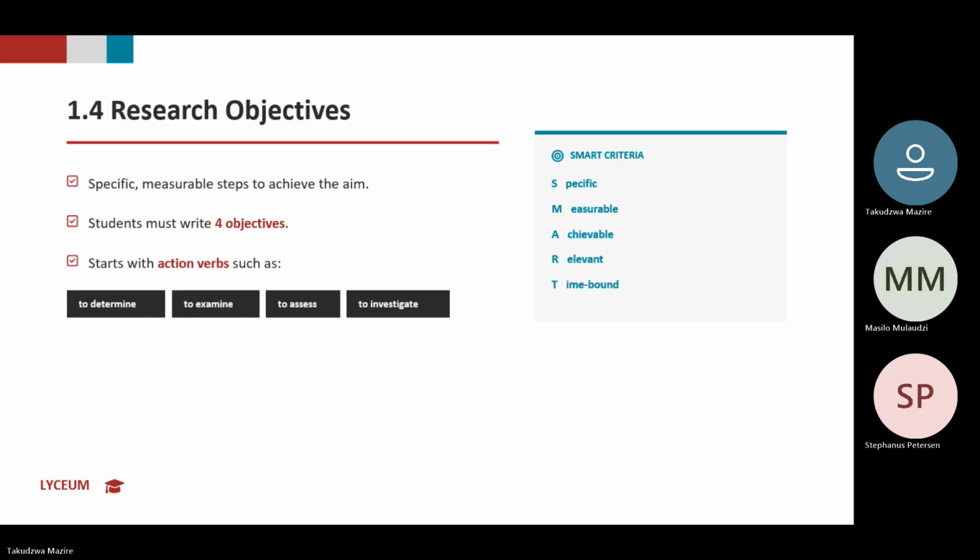Now, remember that these objectives must be SMART. By SMART, we mean specific, measurable, achievable, relevant, and time-bound. This ensures your research is focused and feasible.